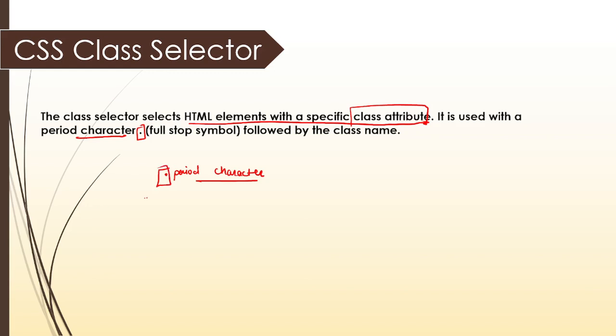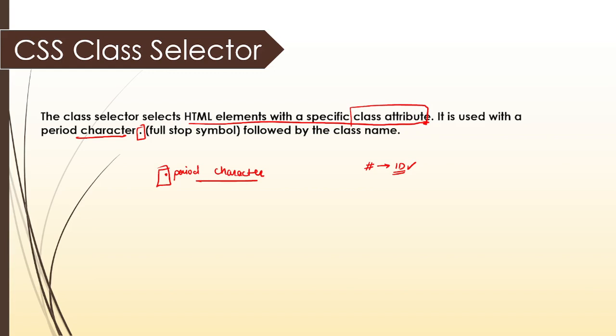Similarly, in the previous lecture we have already discussed id selector. In case of id selector, we use the hash symbol, which is the symbol of id selector. And for element selector, we don't use any symbol. All these three types of selectors are very important, and I have already discussed everything in detail in previous lectures.